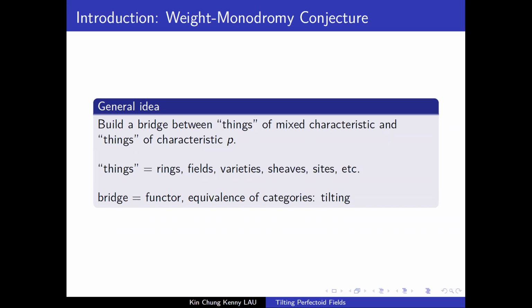He put these ideas together and managed to build this bridge called tilting, and then he was able to prove that this is an equivalence of categories with fields and some other stuff.